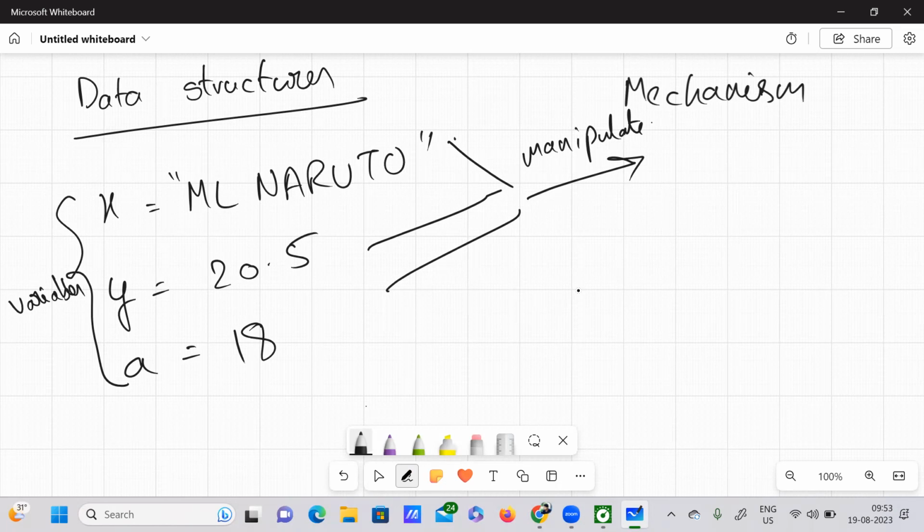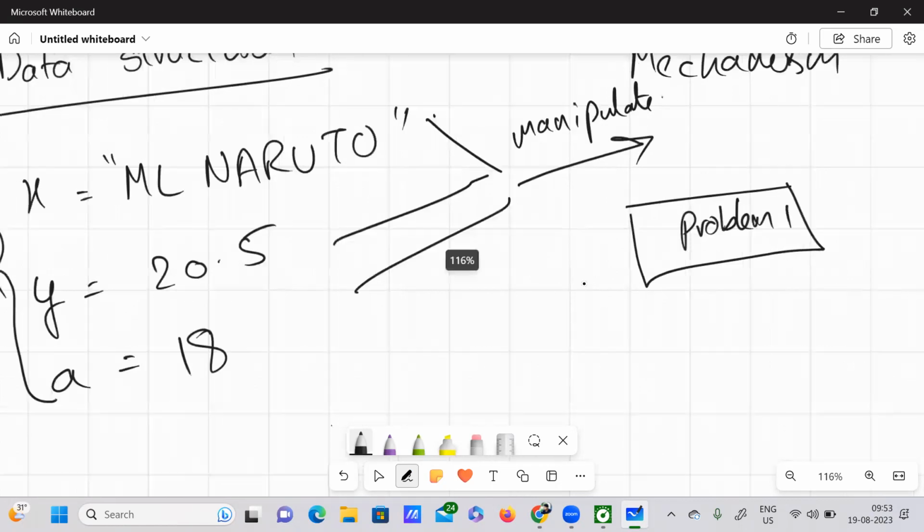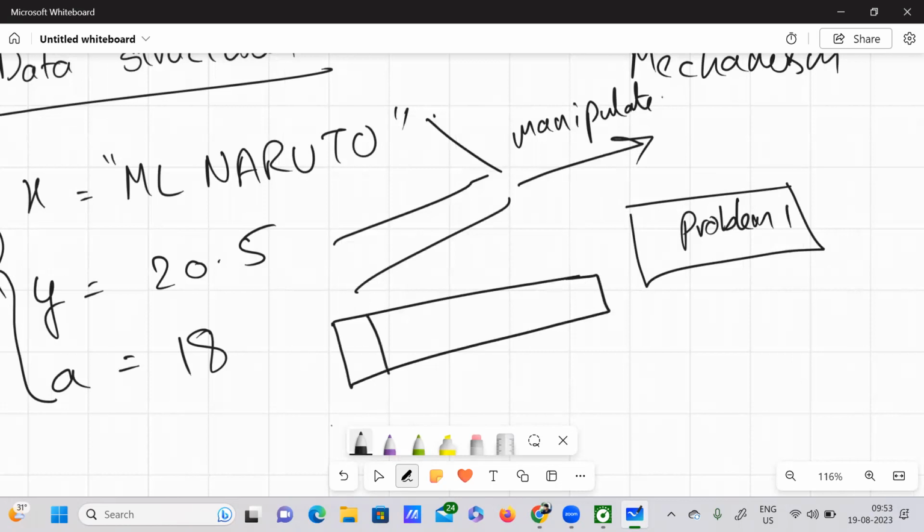Because, for example, see here, we have a specific problem. For example, this is problem one. And if we want to solve this problem, this is our whole data, wherein we'll be having some good amount of information.